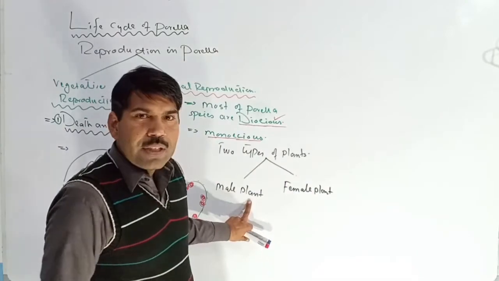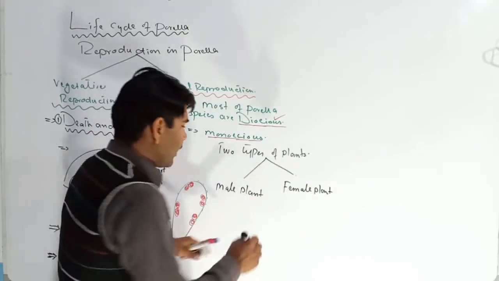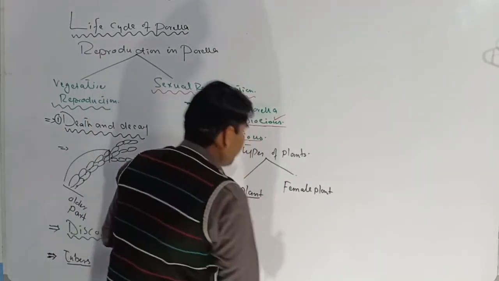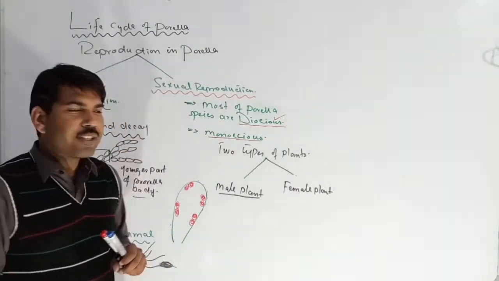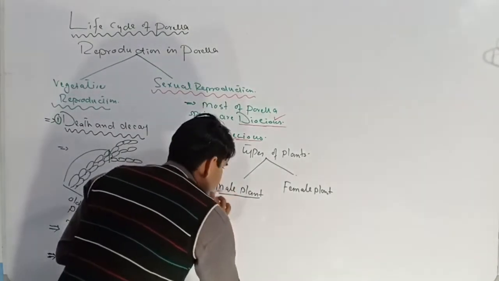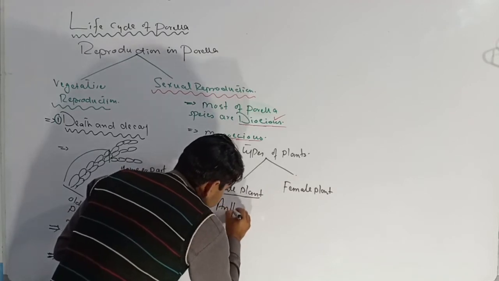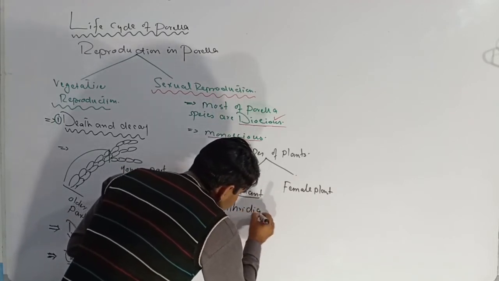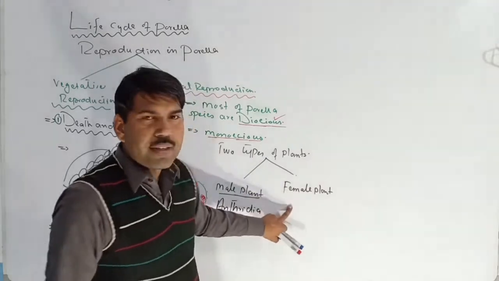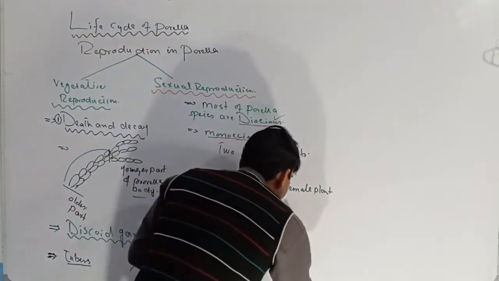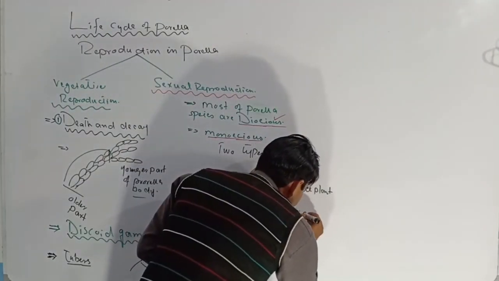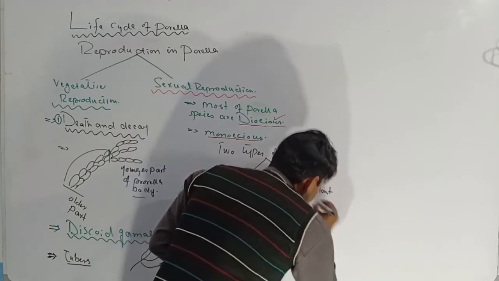The male plant produces male sex organs, and the name of the male sex organ is antheridia. The sex organ in the female plant is known as archegonia.